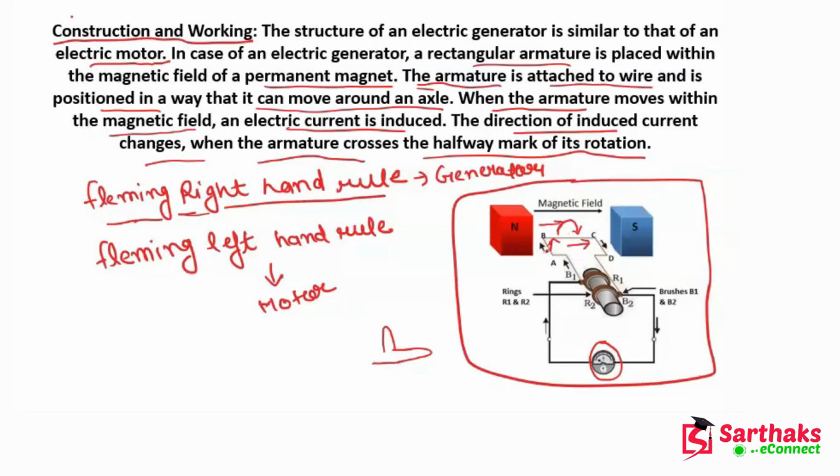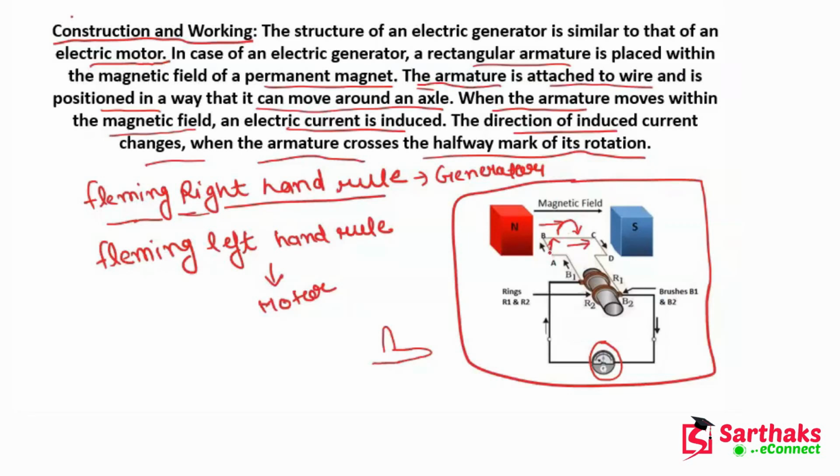Because according to Fleming's right hand rule, if you keep your thumb, index finger and middle finger perpendicular to each other, and the index finger shows the direction of the magnetic field and the thumb shows the direction of motion, then your middle finger will show the direction of induced current. So I hope this point is clear to you.